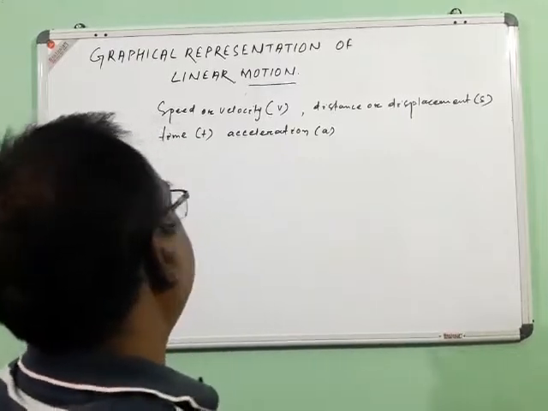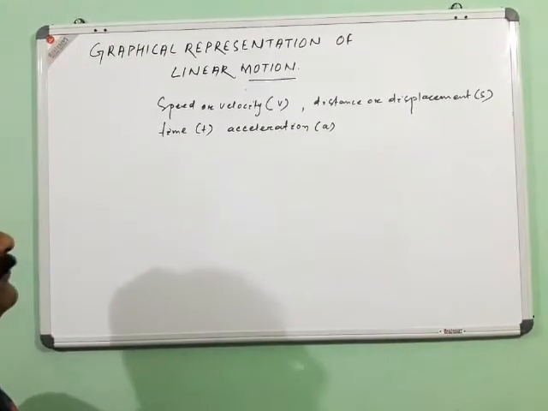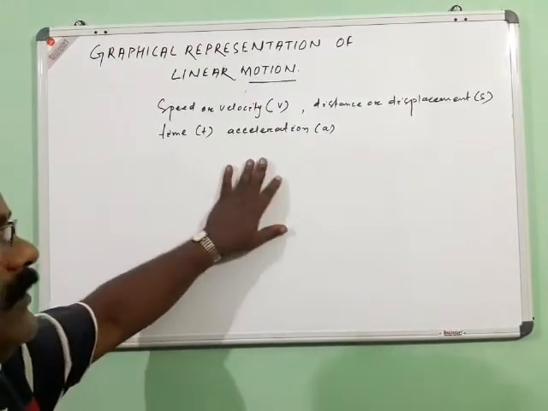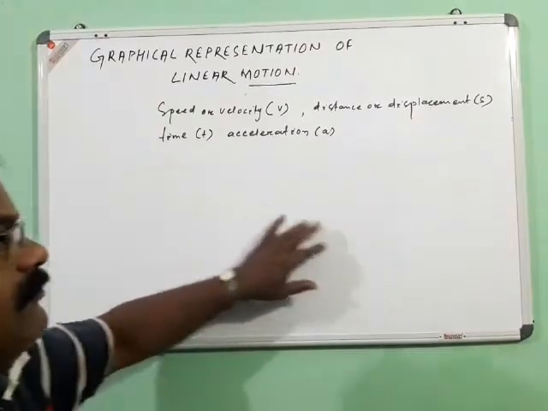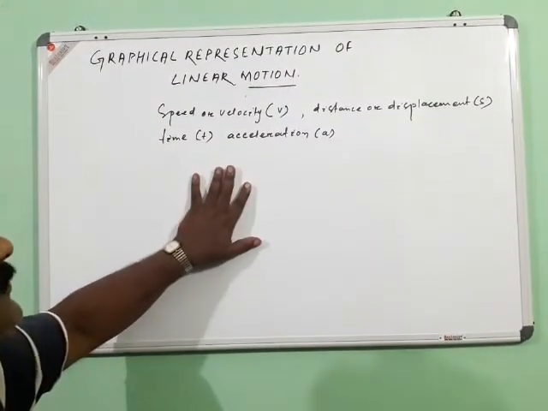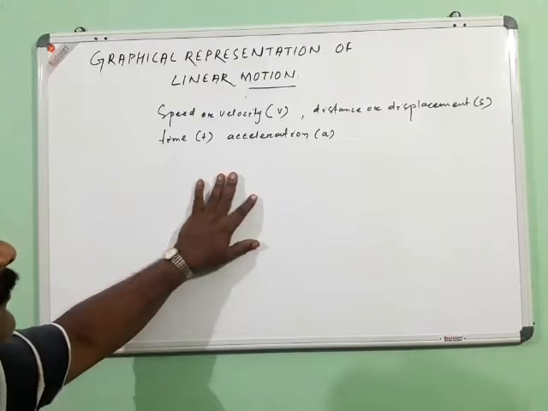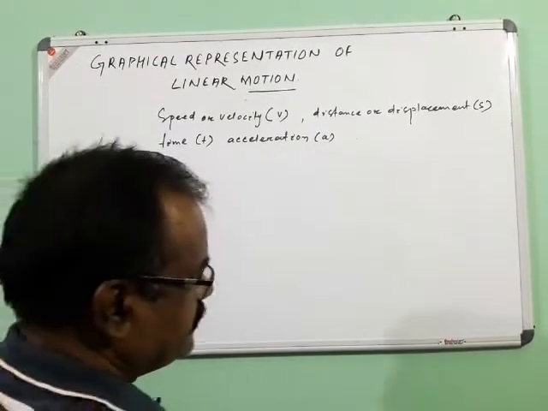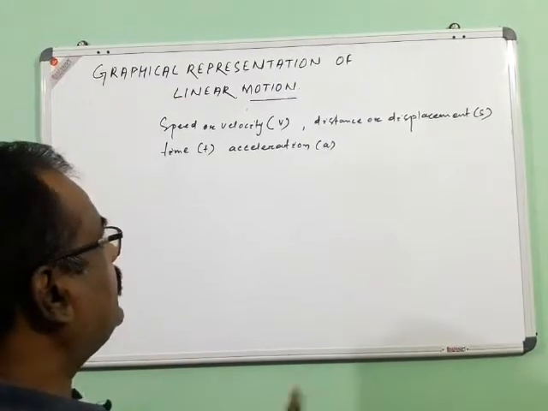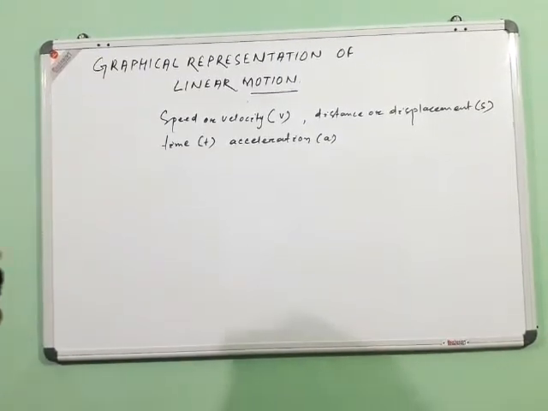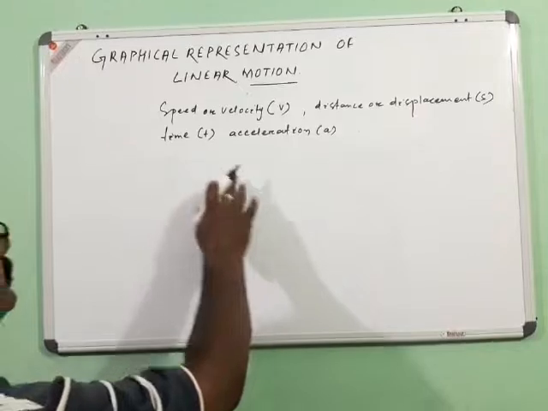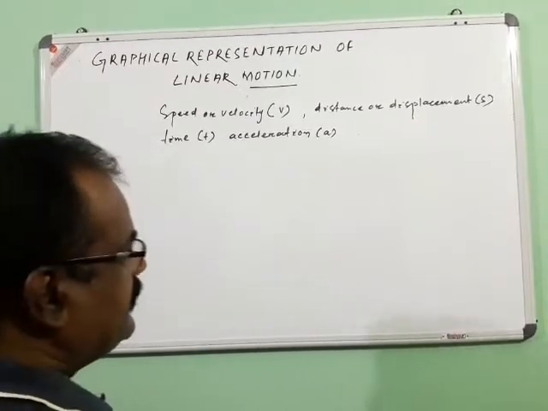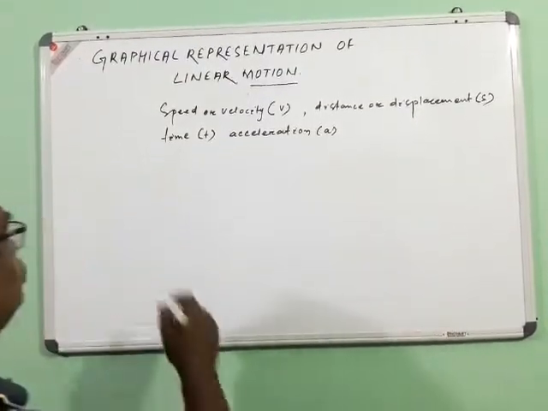So in case of linear motion, we have all these four different variables which are used in different concepts. Therefore, based on these four variables and their relations, we have three different types of graphs, or all those concepts can be represented in three different manners graphically.